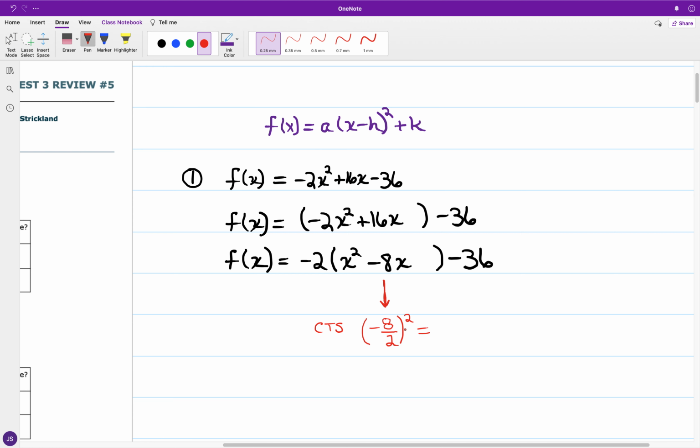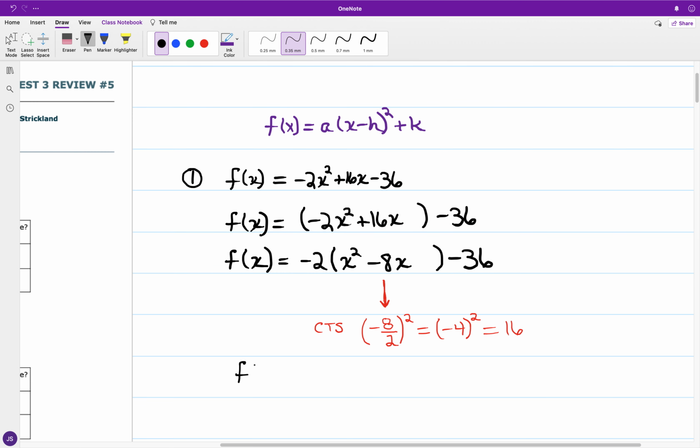Half of negative 8 is negative 4, and negative 4 squared is positive 16, and that negative 4 is going to reappear in the vertex form.